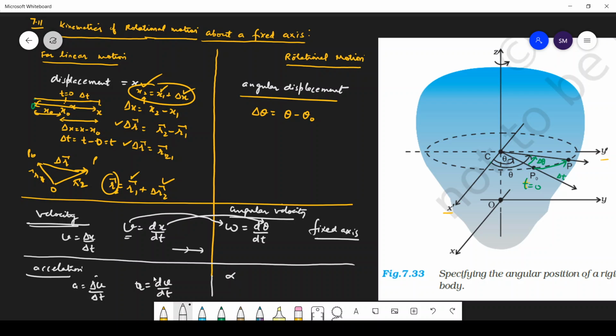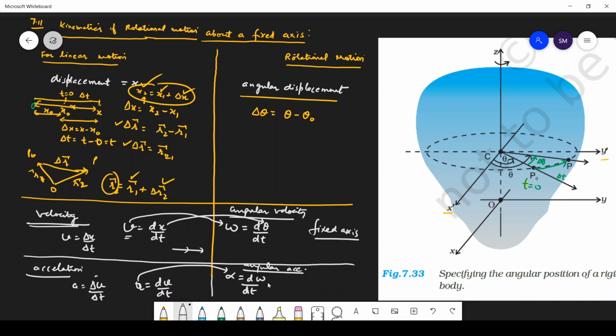Instantaneous angular acceleration is denoted by alpha, so a is replaced with alpha, and the linear velocity v is replaced with angular velocity. So this angular acceleration alpha is equal to d omega by dt. That's what angular acceleration is.